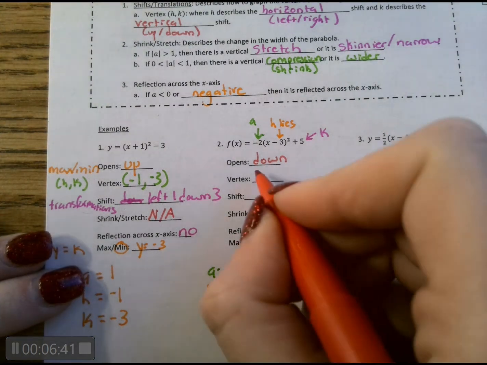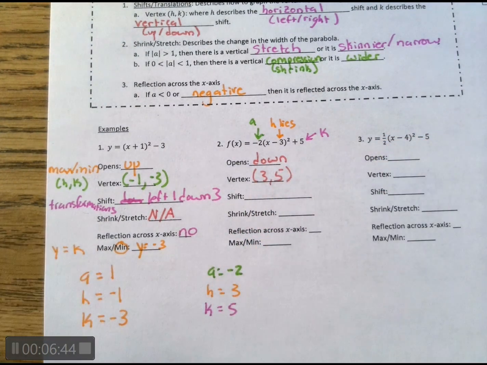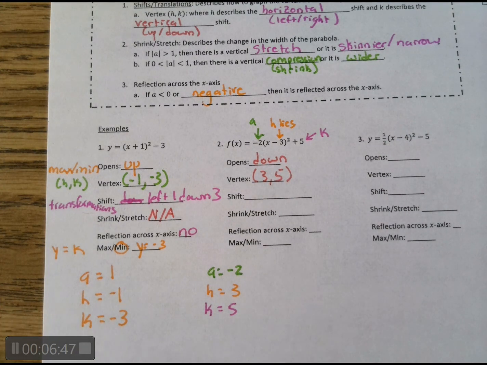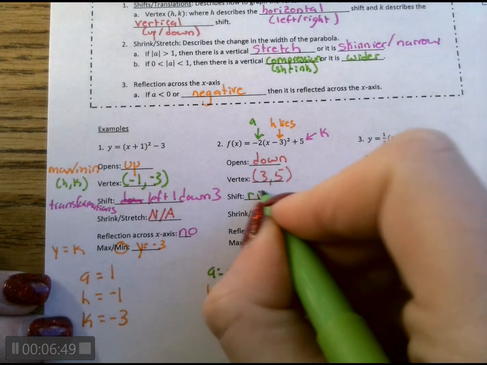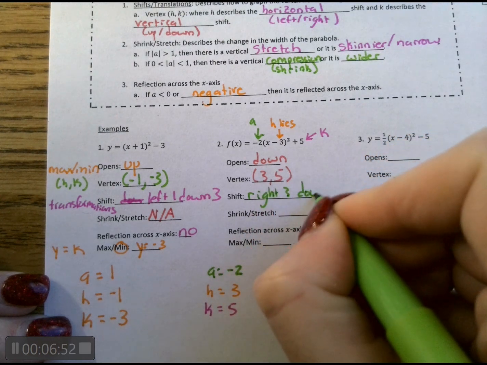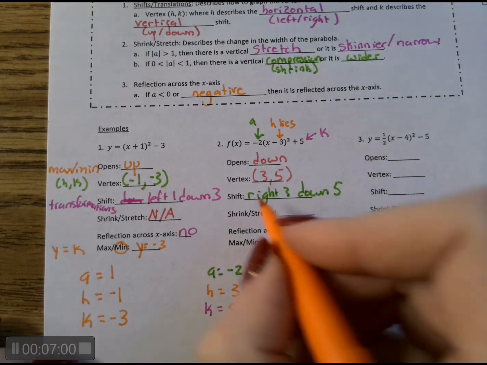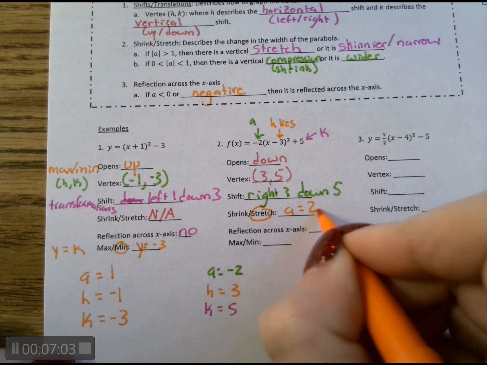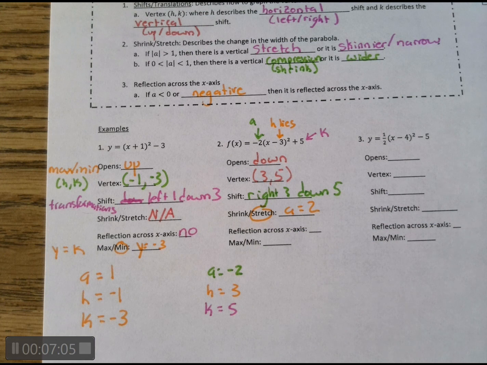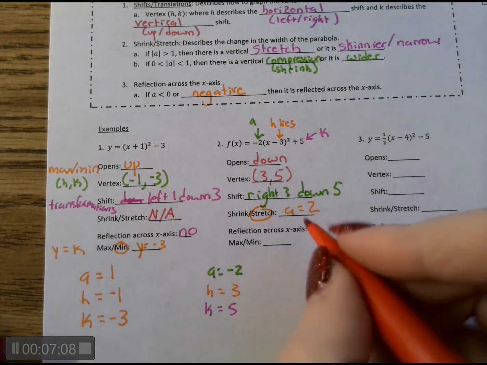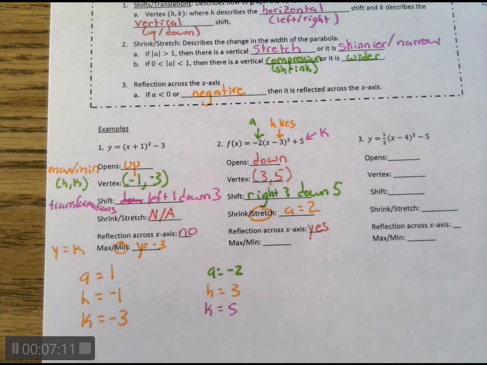Our vertex is going to be 3, 5, which means that we're going to the right 3 and up 5. Shrink or stretch. a is a whole number, so this time we're going to have a stretch because a equals 2. Reflection, yes, because a is negative. Max or min, this time we have a maximum at y equals 5.